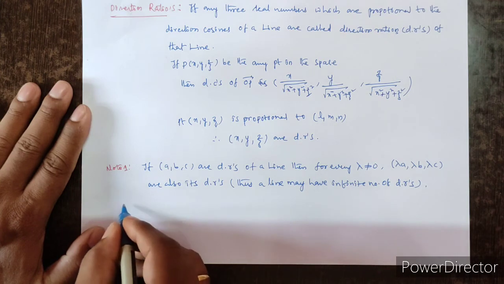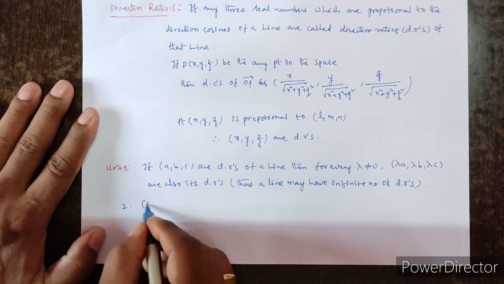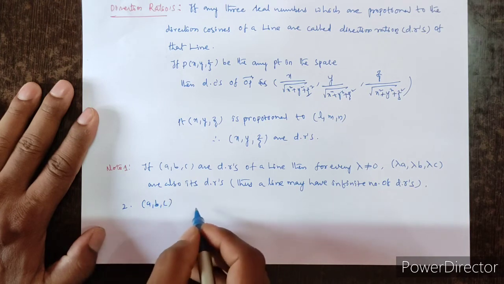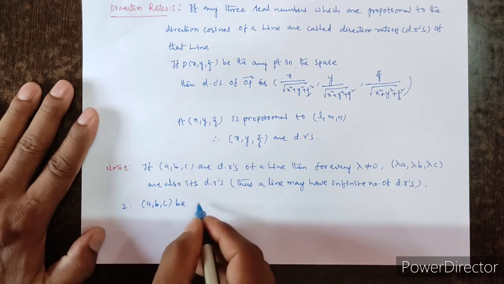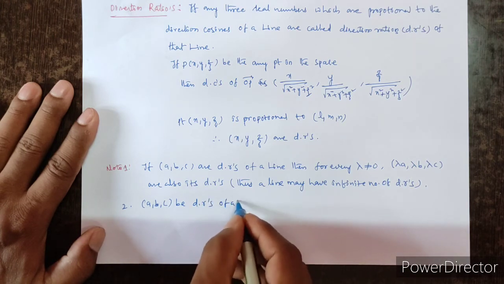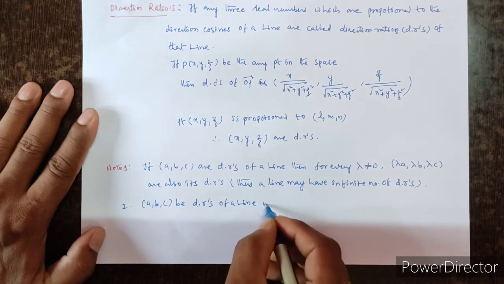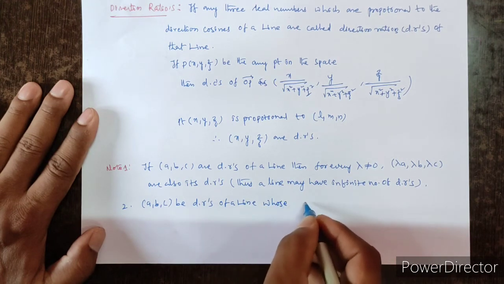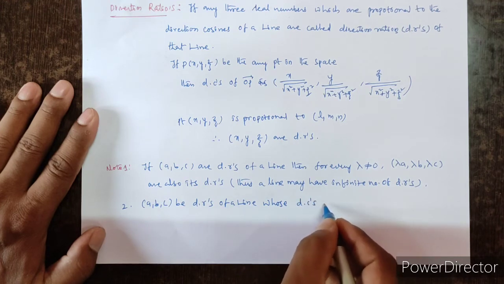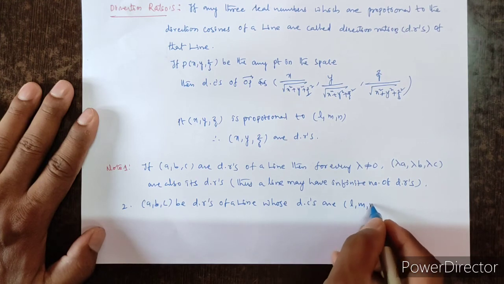Second, note number 2. Let a, b, c be direction ratios of a line whose direction cosines are l, m, n.